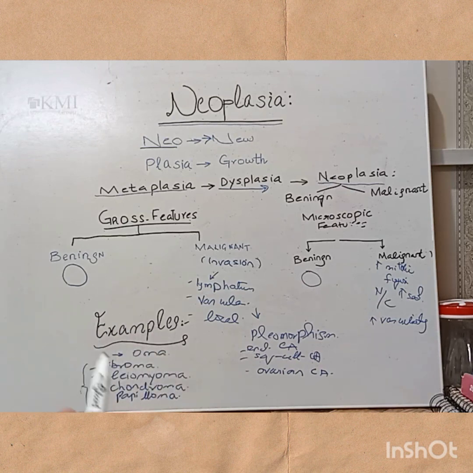And how does a patient of neoplasia present to you in case of a benign or malignant lesion? Now a patient with a benign lesion usually does not have any features of cachexia. What is cancer cachexia? This is weakness, malnutrition, and generalized body weakness because of aggressive malignant growth. But in case of benign growth, these features are absent.